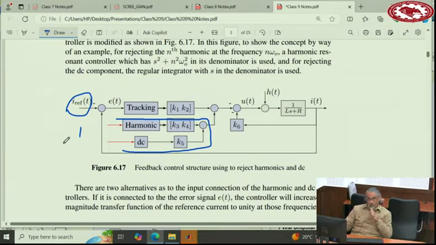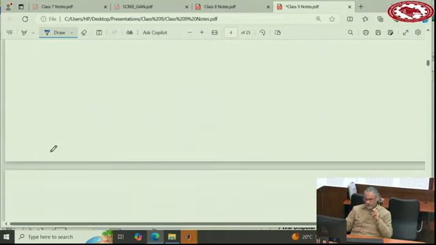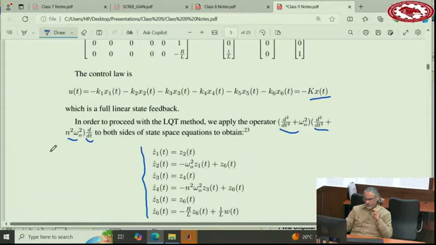If the grid voltage has harmonic 5, this also should have harmonic 5, right? So it should generate harmonic 5 such that this current becomes sinusoidal without harmonics, right? And then this error will become, there you go. Let me read the explanation because I forgot some of these things. It's been a while.